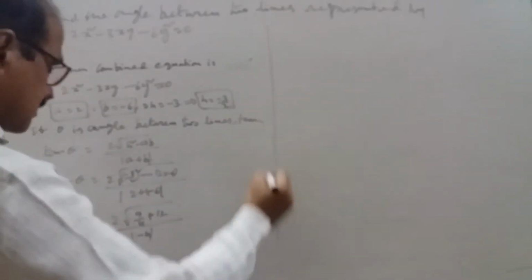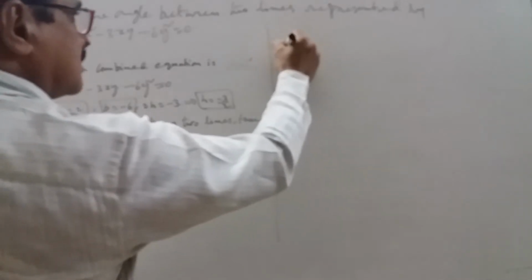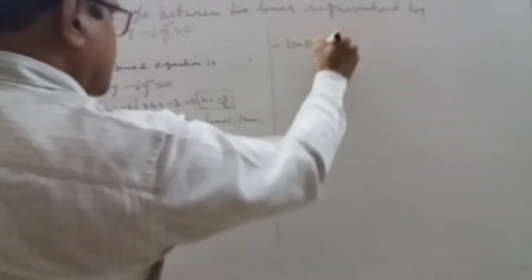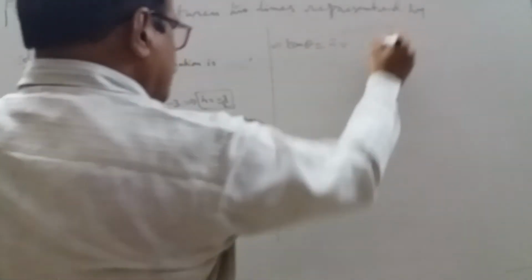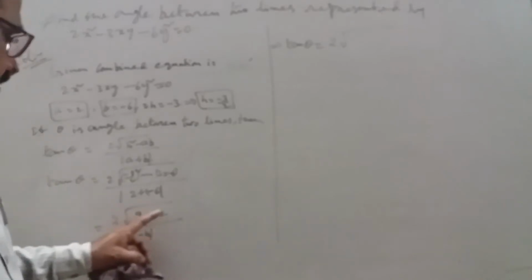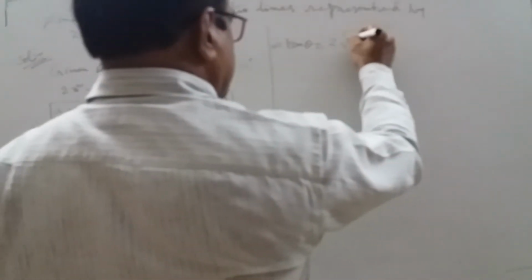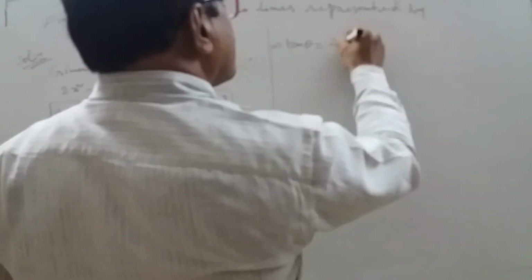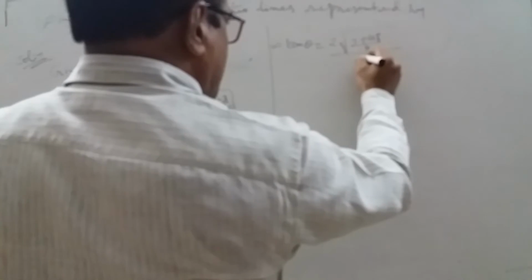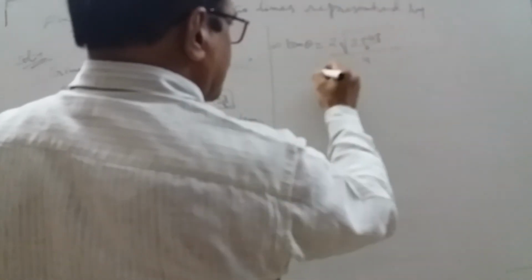Therefore, tan theta is equal to 2 under root, by taking LCM 4, 9 plus 48 by 4, whole divided by mod of minus 4 is 4.